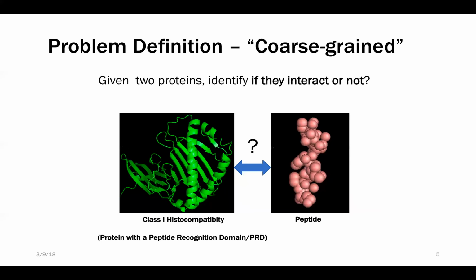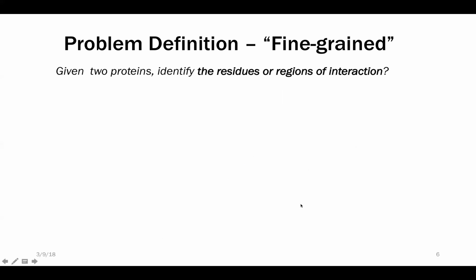With these observations, the problem that we wanted to attempt can be defined in a coarse-grained way as: given two proteins, one with a peptide recognition domain such as a histocompatibility protein and another protein which is a peptide, identify if they interact or not. However, this problem can also be defined in detail as: given two proteins, identify the residues or regions of interaction.